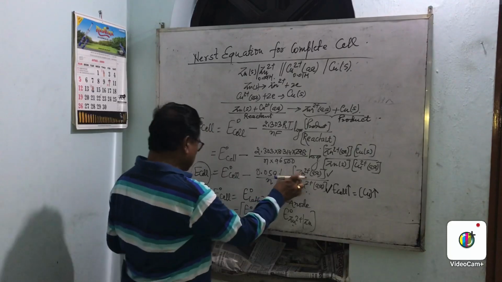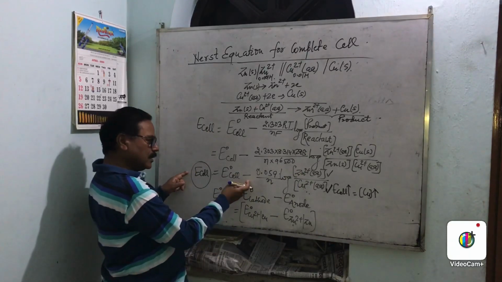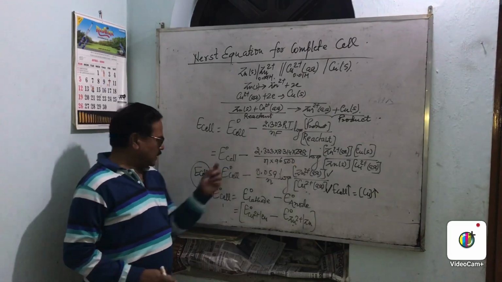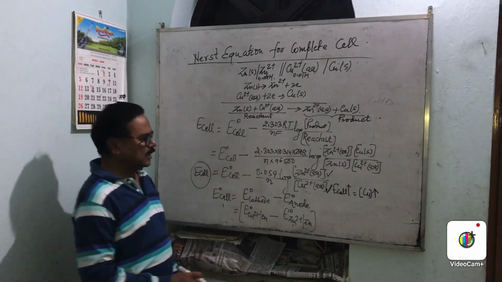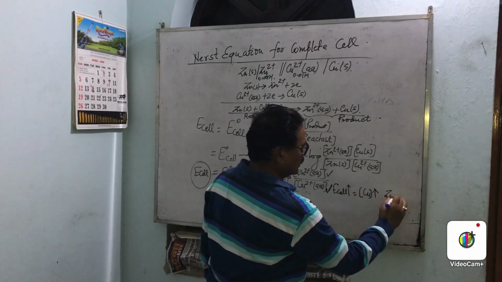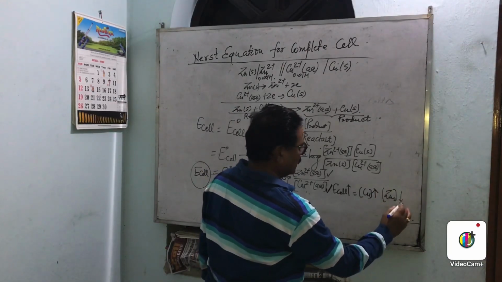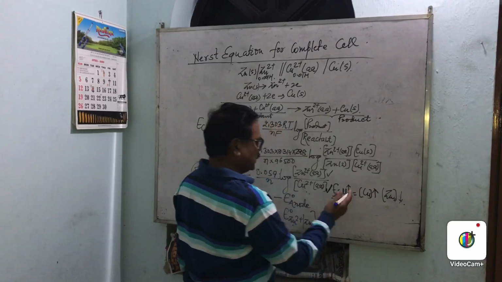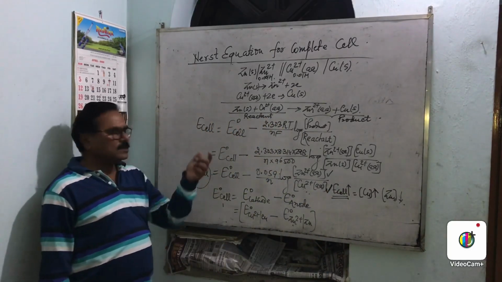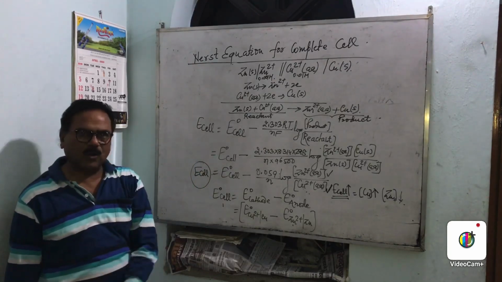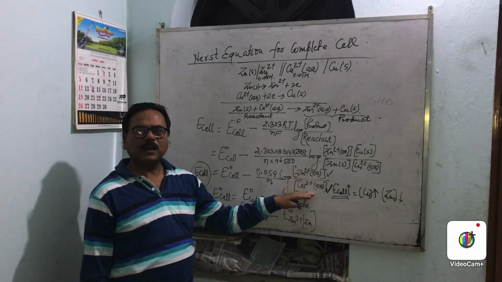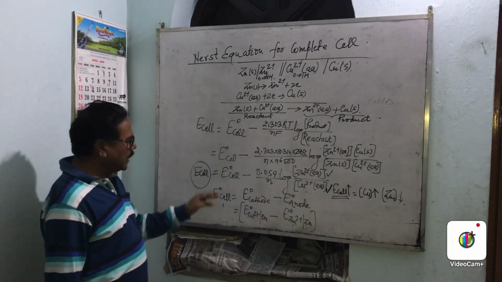It will decrease. If here there was the positive sign, then it would decrease, but it is a negative sign. So when the zinc ion concentration decreases, the E cell increases. So the cell potential of the cell depends upon the concentration of zinc ion as well as the copper ion, right? So we have the equation.